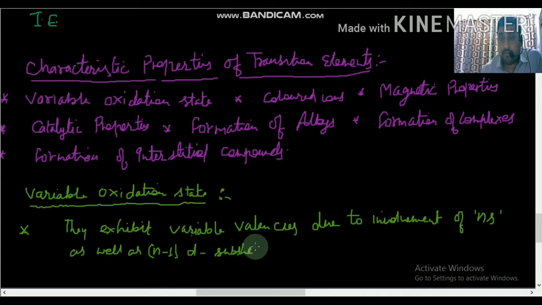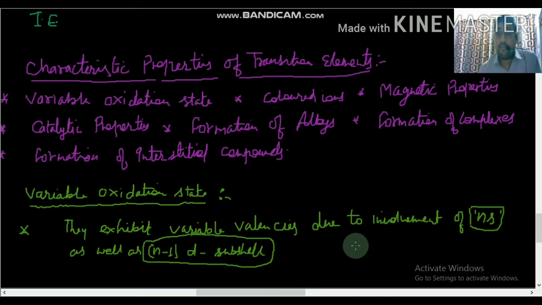Now the ns subshell is from the ultimate shell, that is the outermost shell, and the (n-1)d subshell is from the penultimate, that is the second last shell or orbit.